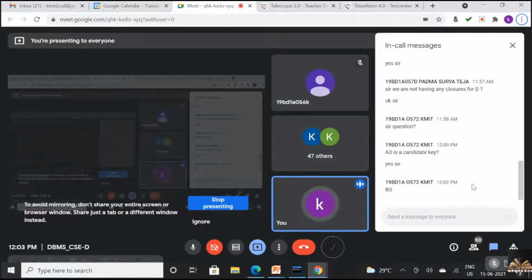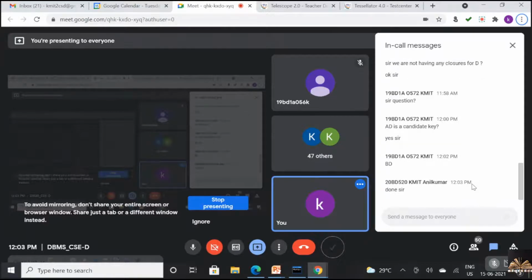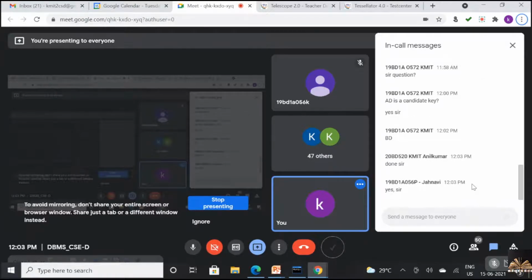Are you trying it out, all of you? So is the method clear? How you are finding out the candidate keys, given a relation and a set of functional dependencies?